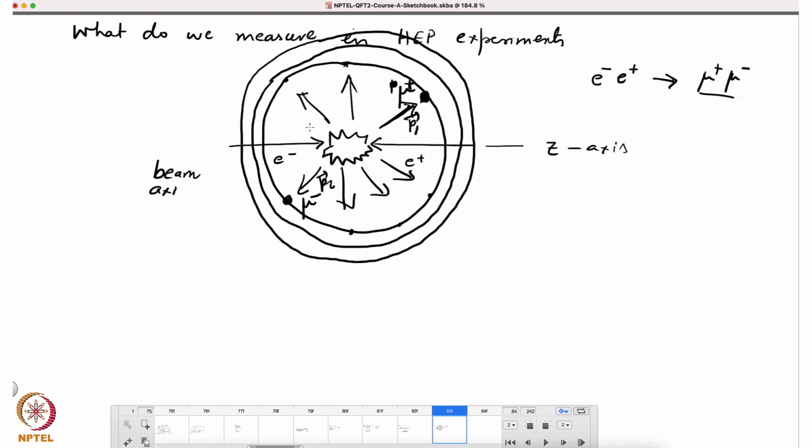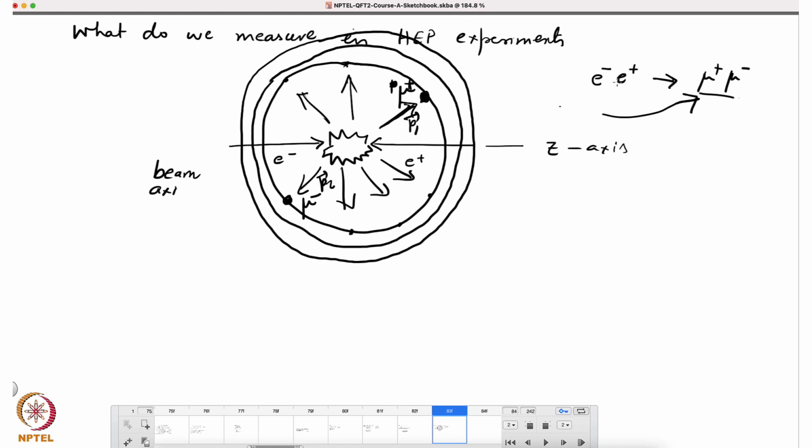Now, you might ask why you ask such questions, that what is the probability of producing this final state configuration in this collision. Okay, and the reason why we are interested in such questions, that so and so particle is produced with so and so momentum, is because this probability of producing this final state, okay, is influenced, or it is determined, by the kind of interactions that are present.